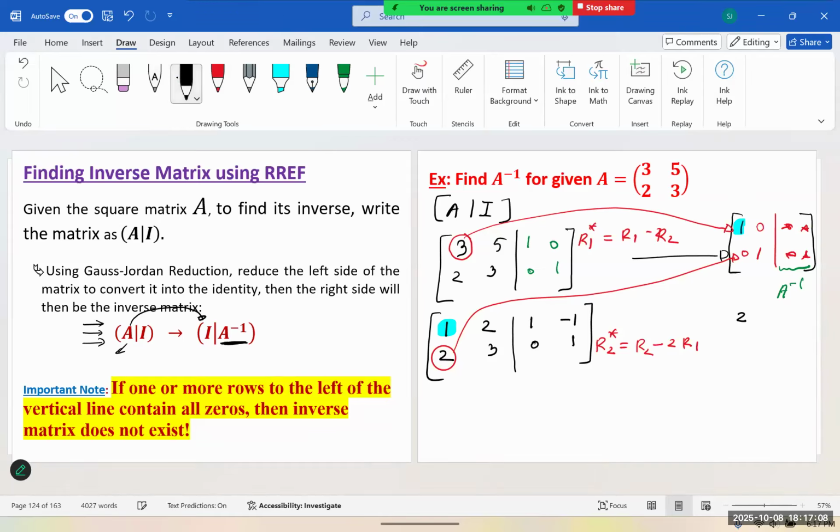R2 is 2, 3, 0, 1. 2R1 is 2 times 1, 2. 2 times 2, 4. 2 times 1, 2. 2 times negative 1, negative 2. And when you subtract, all the signs will change. So the result will give us 0, negative 1, negative 2, and 3. So we have 1, 2, 1, negative 1, 0, negative 1, negative 2, 3.